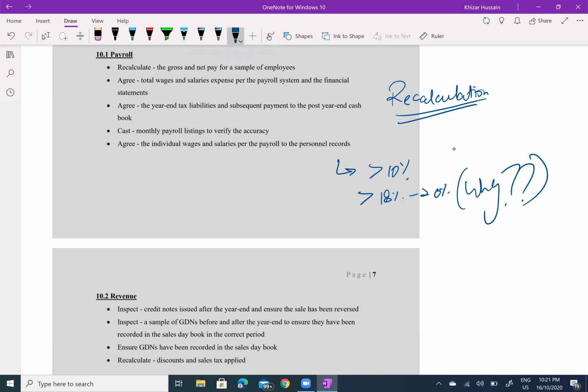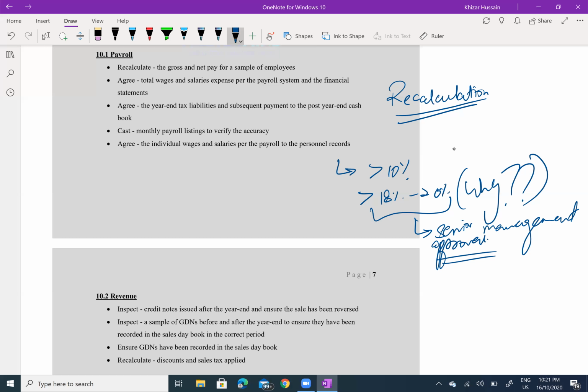You inspect the files, you inspect board approval or senior management approval for this unusual kind of increments. All right. So the point is, again, everything needs to have a basis, and that basis needs to be verified by us, the auditors. All right, you get it.